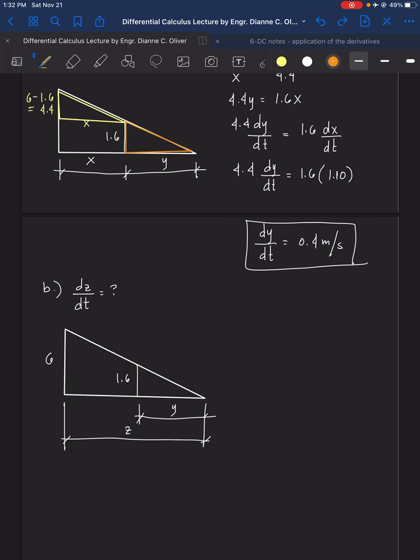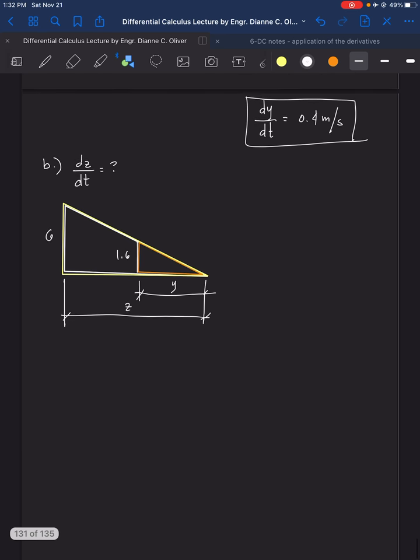So we can use this portion. The smaller one, we're going to use the dy, and the bigger triangle. Alright, so the big triangle and the small triangle.